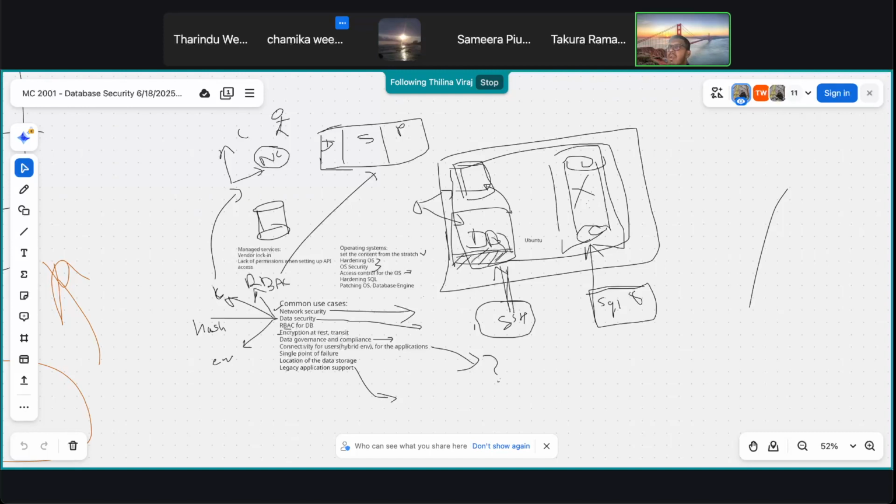We might be doing a lot of migrations, but there are still some InnoDB and SQL metadata tags and everything, so those will be impacting directly. That's the issue. And the next thing, patching the OS, which we discussed, and the database engine. Those things are going to be critical factors when it comes to these operating system based databases.